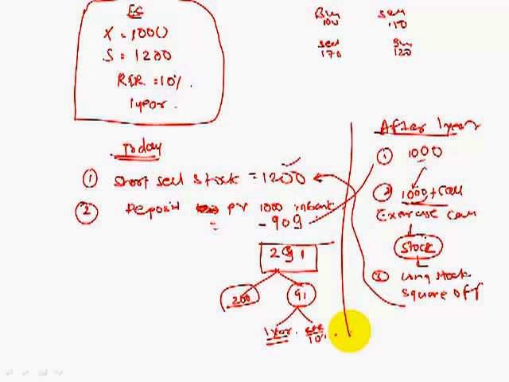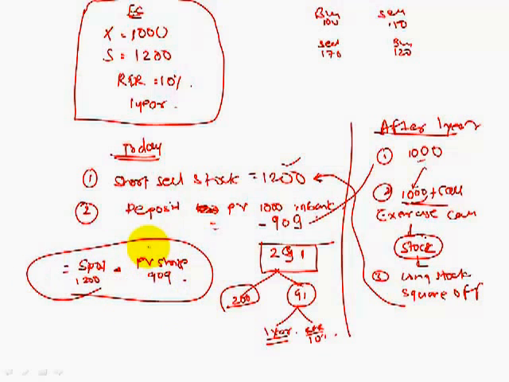So how do you calculate the minimum price of a call option? Minimum price of a call option is calculated as spot price 1200 minus present value of strike price, which is 909. This is the formula. But why the formula? This was the intuition behind the formula. Are we clear? So write down this derivation quickly.